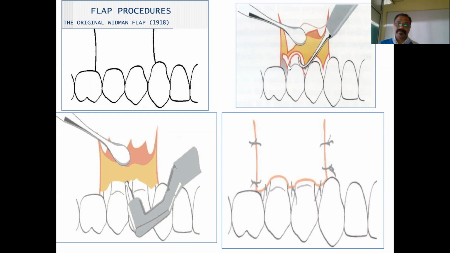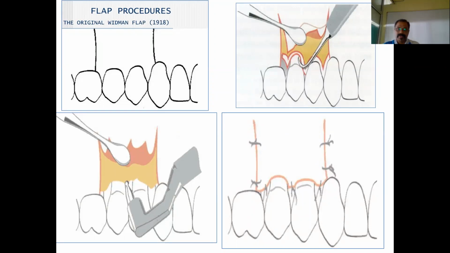So the first step is two vertical releasing incisions extending well beyond the mucogingival junction. The second step is the first incision, also called the internal bevel incision or inverse bevel incision, starting 1 to 2 millimeters away from the gingival margin, aiming at your alveolar crest.